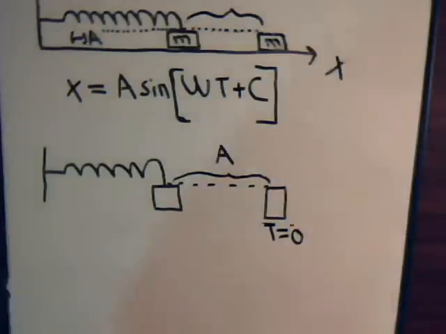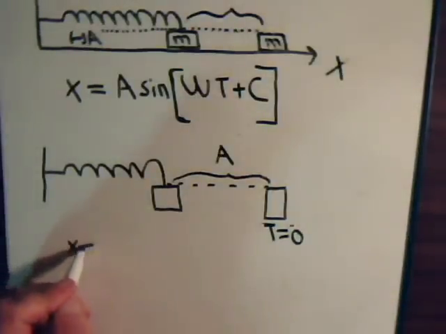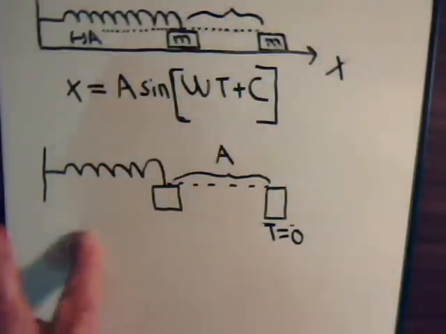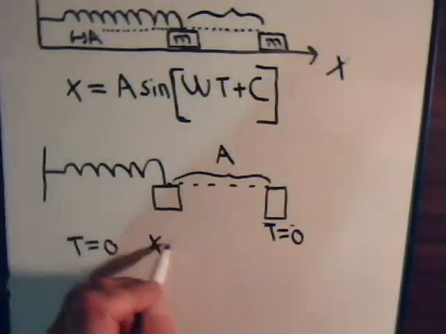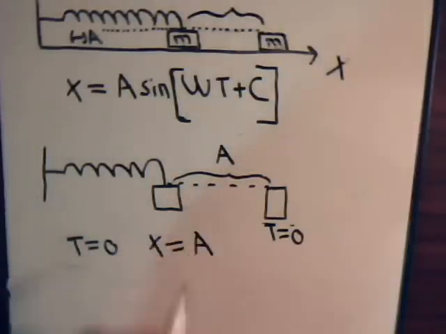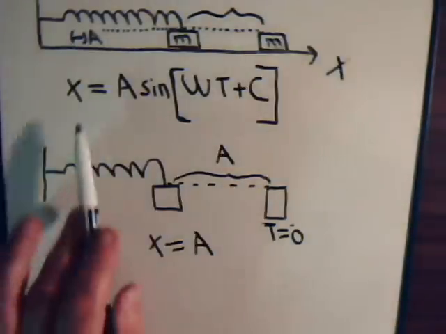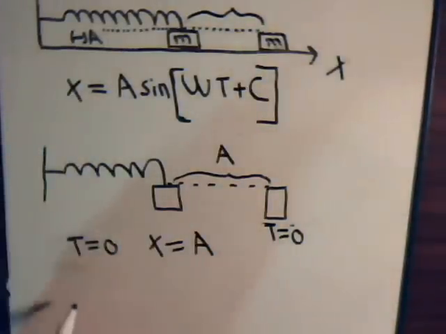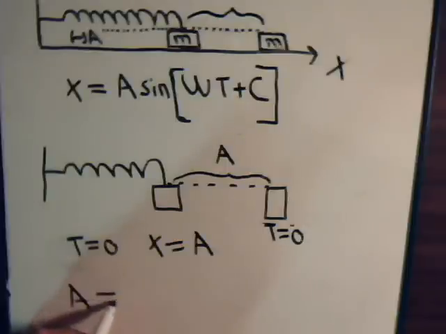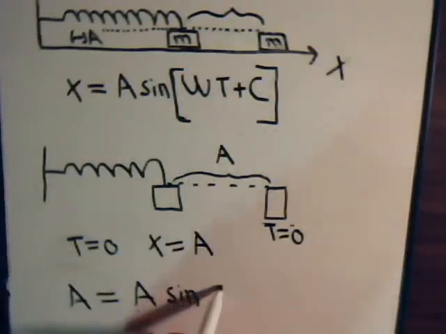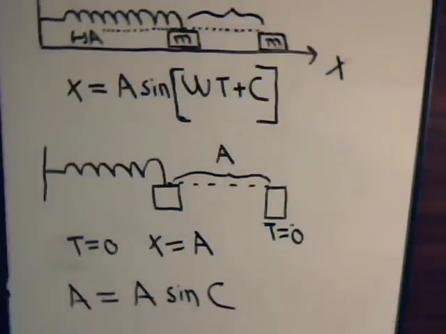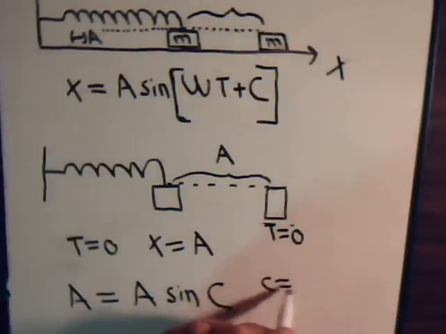So now we're saying when t equals 0, x is a. So now we have a equals a times the sine. T is 0, so that's 0 times the sine of c. So under these initial conditions, c will equal pi over 2.